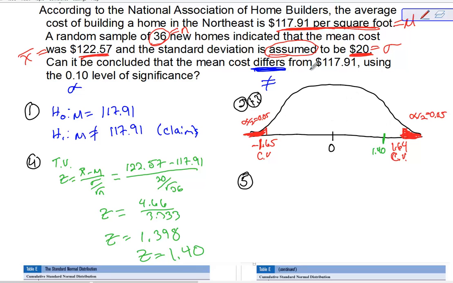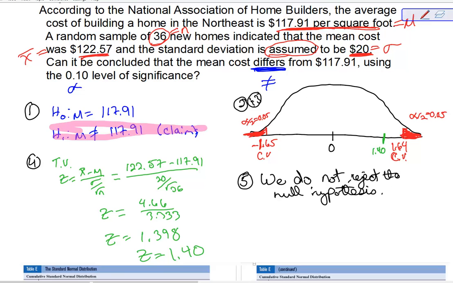Since it is not in the shaded region, we do not reject the null hypothesis. So if we do not reject the null hypothesis, that means we are going to reject the alternative hypothesis. Okay? And we will keep the null hypothesis. In other words, you can only keep one hypothesis.